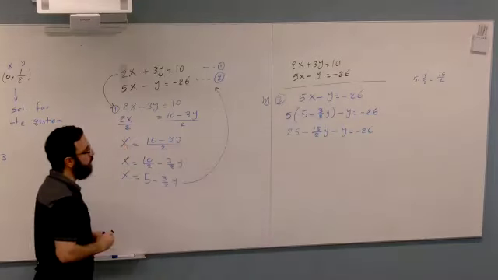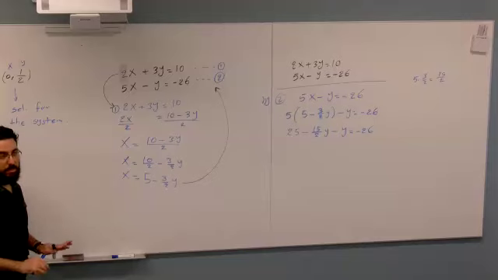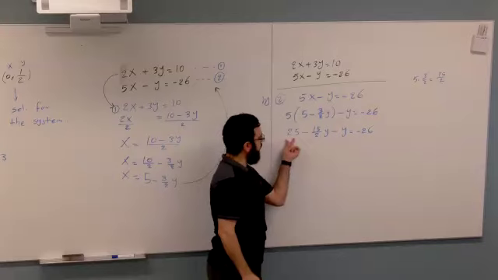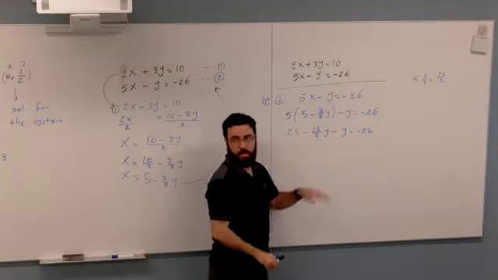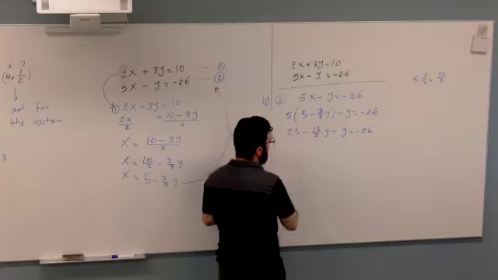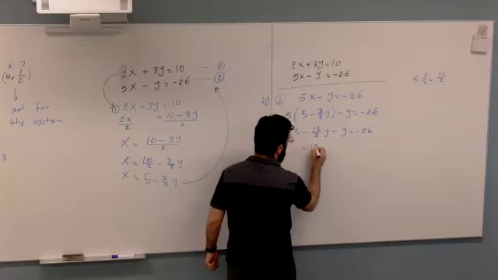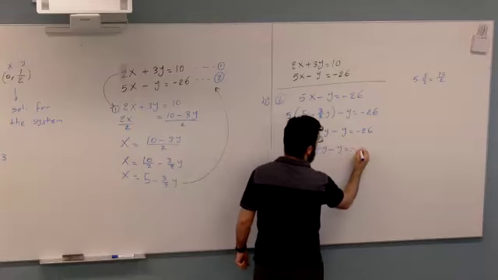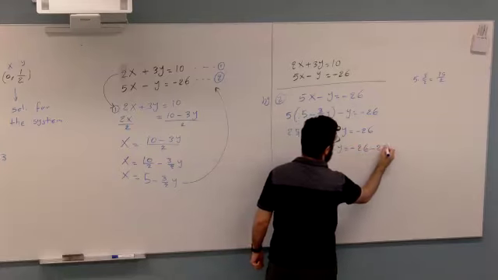Now tell me, how are we going to solve it for the y? This is linear. Can I move the 25 to the other side? So minus 25. What's left? Negative 15 over 2y minus y equals negative 26 minus 25.